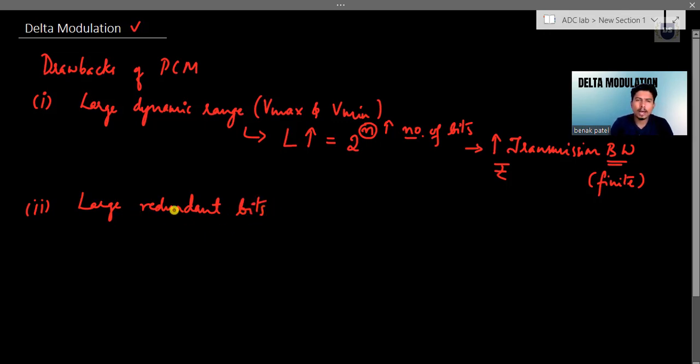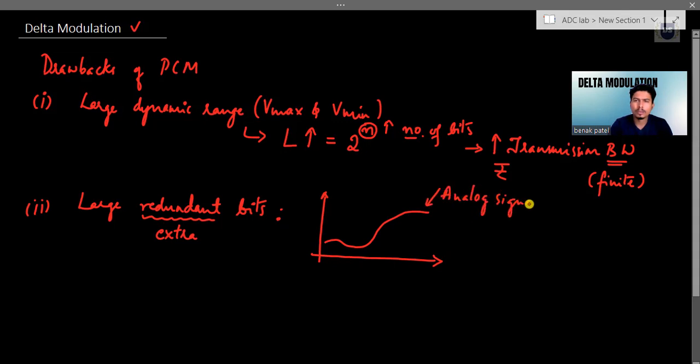Redundant means extra bits. Here we'll be passing a large amount of redundant or extra bits while transmitting our digital data. If I take any signal like this, let this be our analog signal, this its amplitude and this is time.